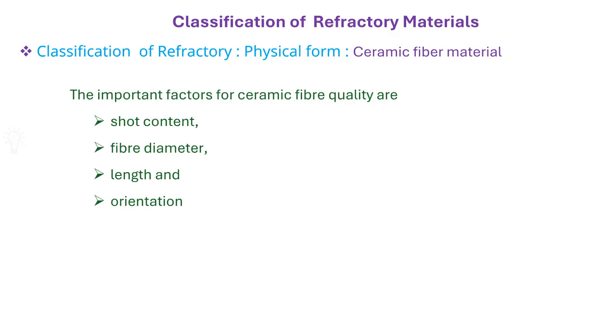How the fibers are arranged in the final product matters. Random orientation often gives more uniform properties in every direction. By understanding these quality factors, shot content, diameter, length, and orientation, you can make sure the ceramic fiber you specify delivers the performance your application really needs.